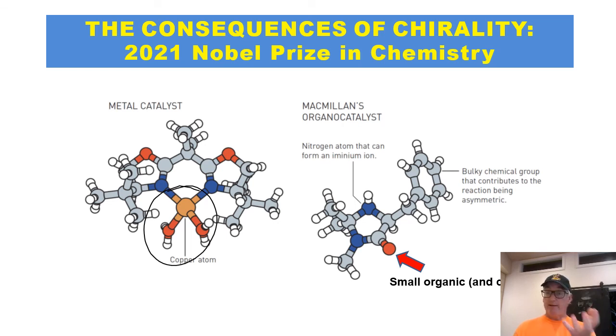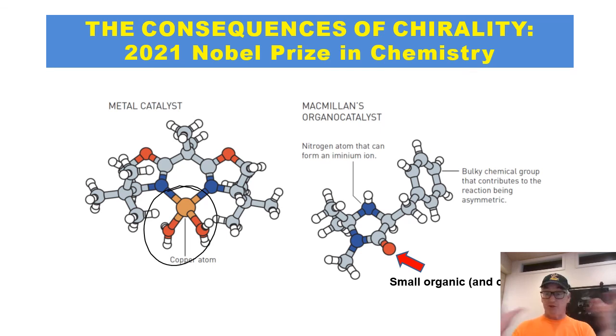So they noted that if you started with a chiral molecule as a catalyst, the molecule you then made was chiral, but only one of the enantiomers would be made. So you could specifically arrange in three-dimensional space which enantiomer you wanted to make, depending on the structure of your original starting material. So it was a genius idea.